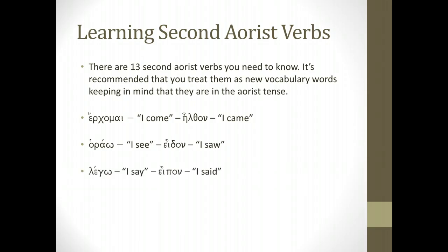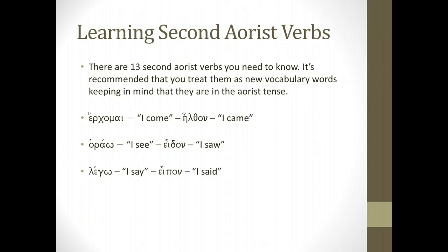Lego, which means I say, will become eipon, and it would be simply I said. Okay, so far these are the first three you need to memorize. Notice that this is the word that it comes from, and then this is the word that it actually becomes in the second aorist, and all of these are using the second aorist endings that I just taught you, which of course are exactly the same ones that you learned as the imperfect.